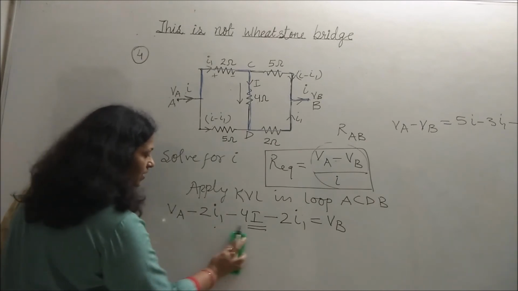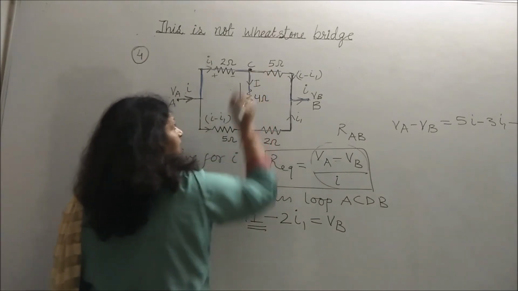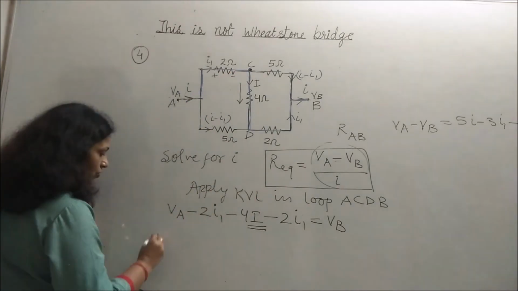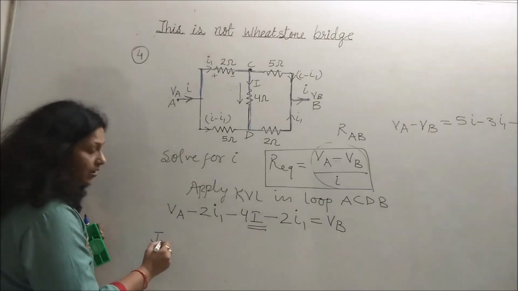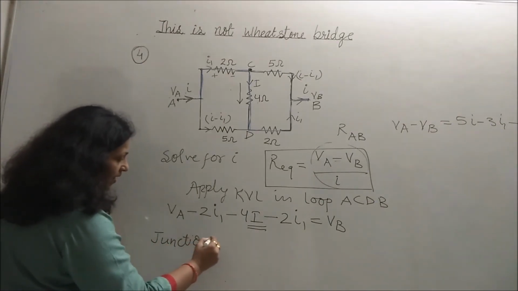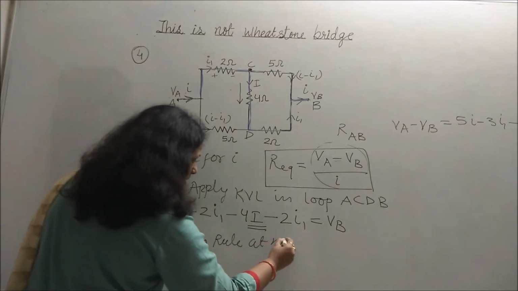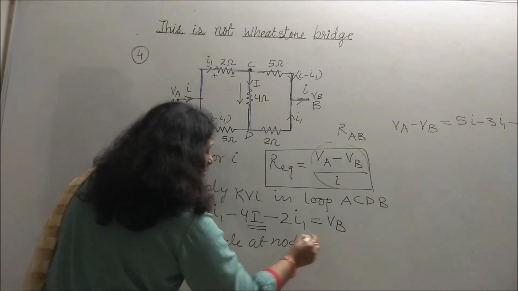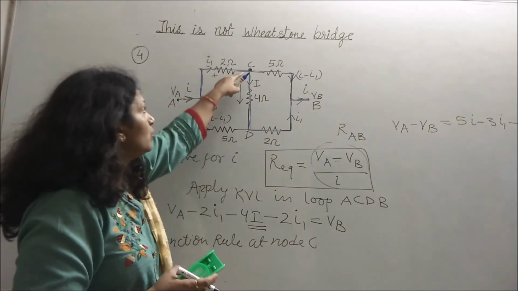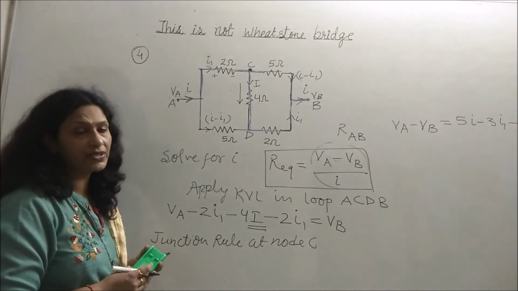So we can solve it by applying the KCL or junction rule at node C. Do you all know the junction rule or KCL? Apply the junction rule at node C. What is the junction rule? All incoming currents are equal to all outgoing currents at every node of the circuit.